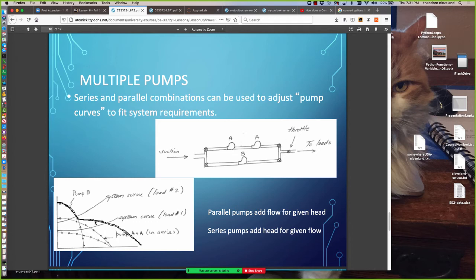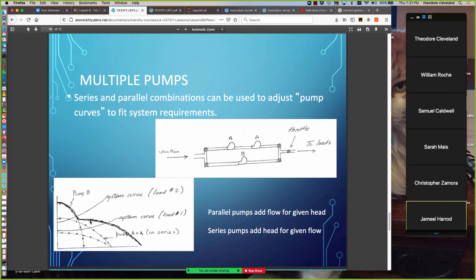And so that would be the composite performance curve. In that instance, we could have this system curve or that system curve accommodated. So the system curves, if they change, which they do with the age and added demand put on them, could be accommodated by that pumping system.